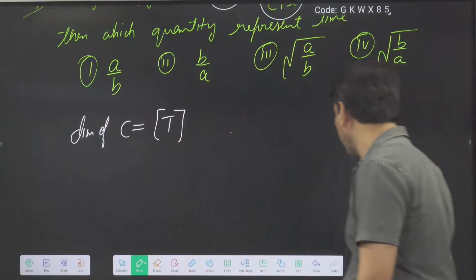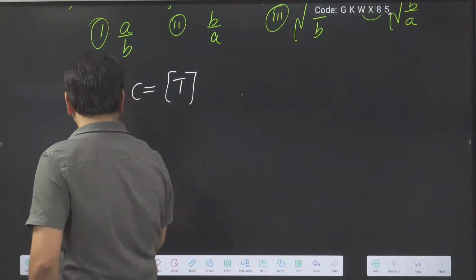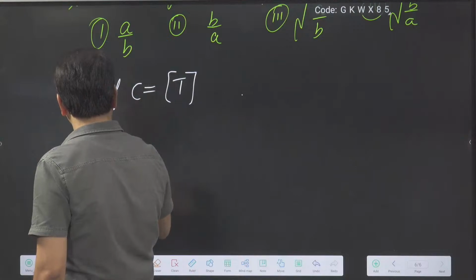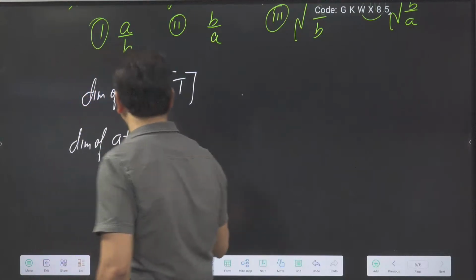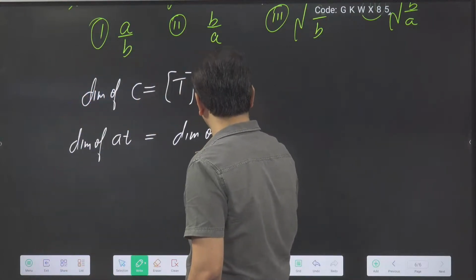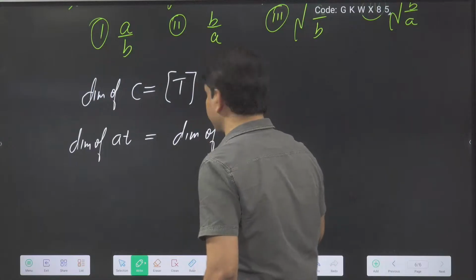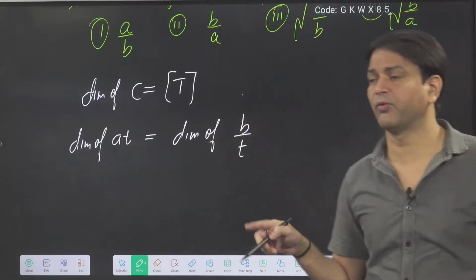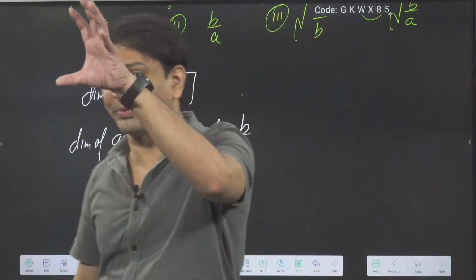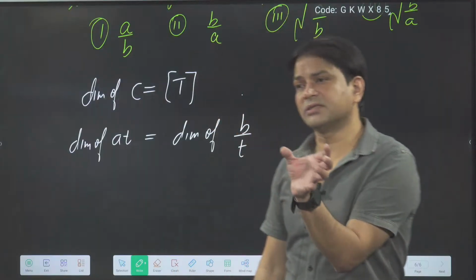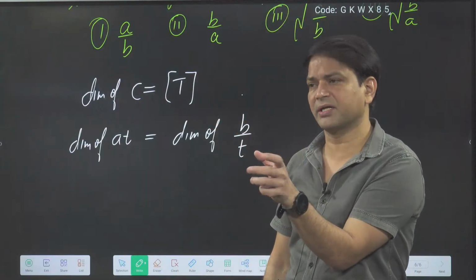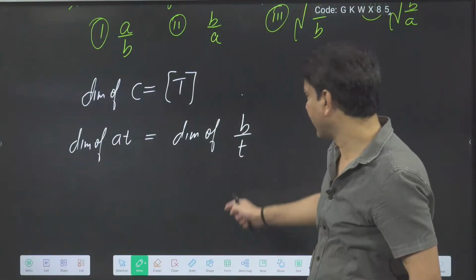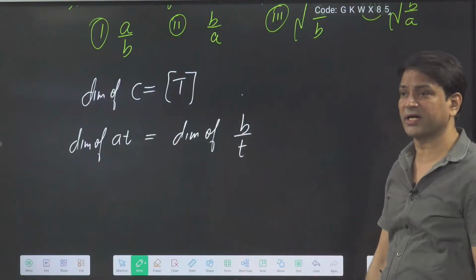Now from the homogeneity, what can I say? Dimension of At is equal to dimension of B upon T. Everybody understood what is the meaning of B upon T? Why am I writing B upon T? Because it is B upon C plus T. And C plus T, what is the dimension? T dimension. Okay, so directly the denominator dimension, what can I write?